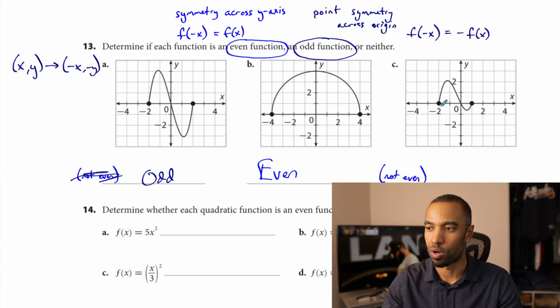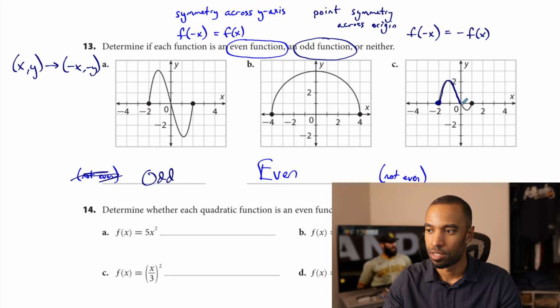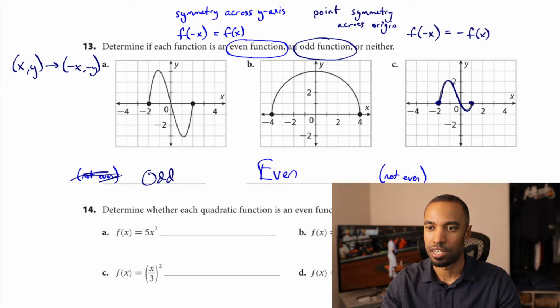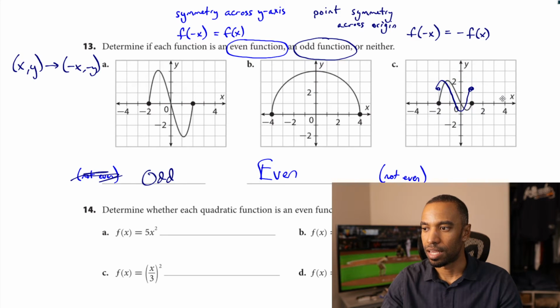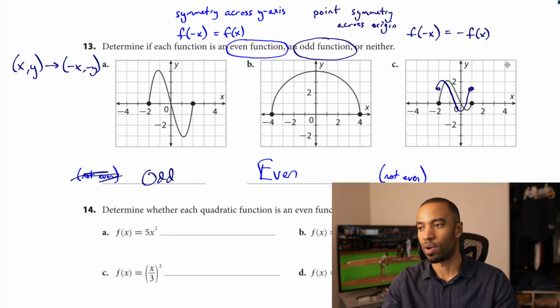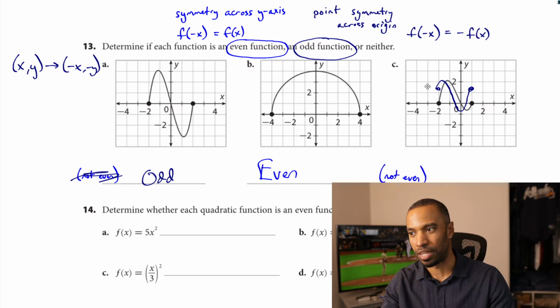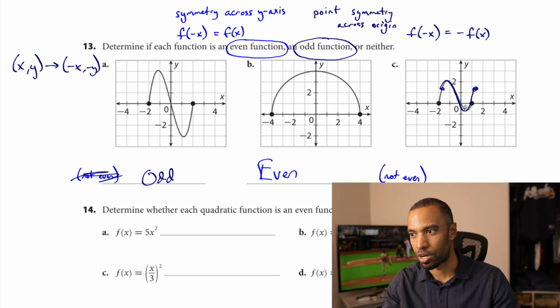You can see if I take this one and rotate it around 180 degrees, you're going to get a different result of a graph here. Rotate 180 degrees, we get this look. Yeah, that's 180.